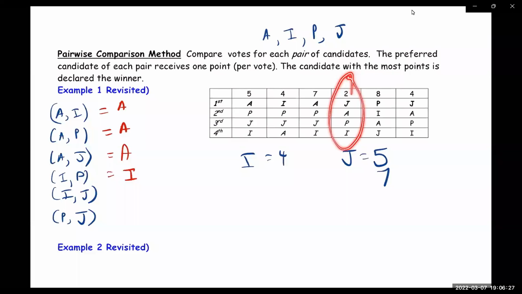This one, J wins. This one, I wins. And the last one, J wins. So who wins this one? 12 plus 6 is 18. J wins.